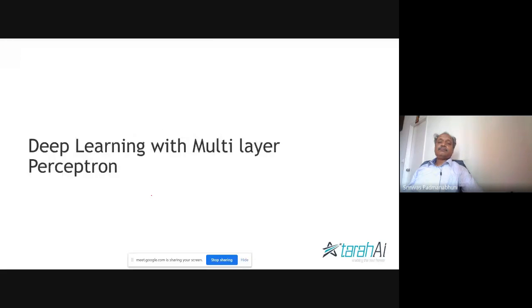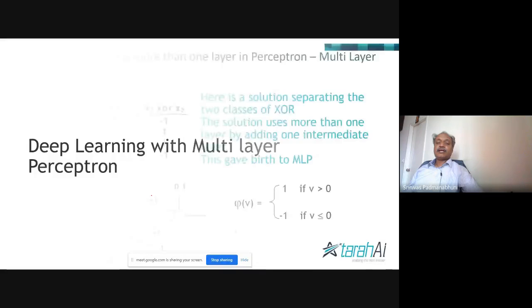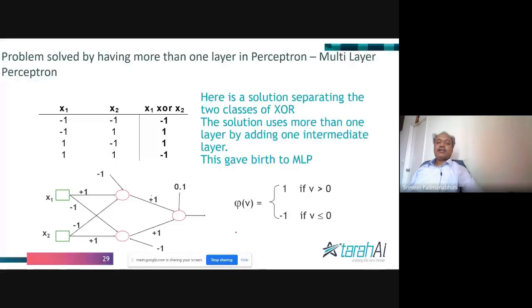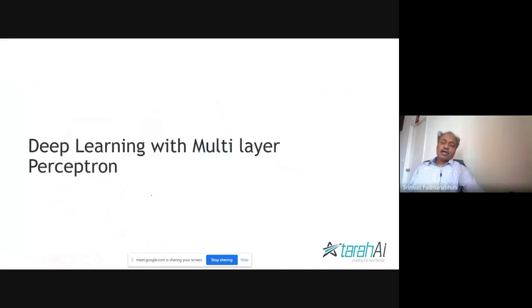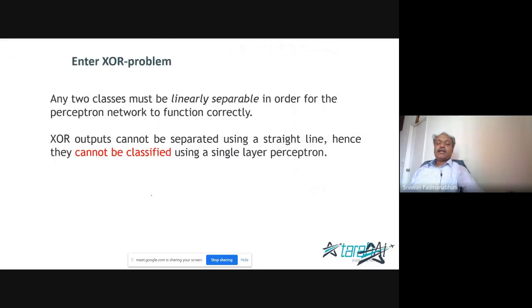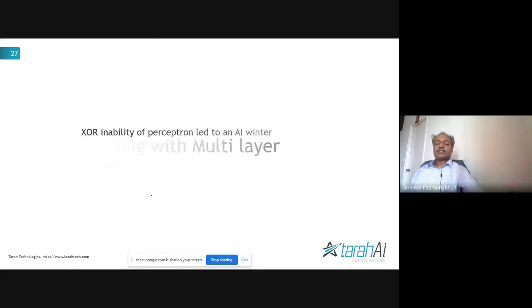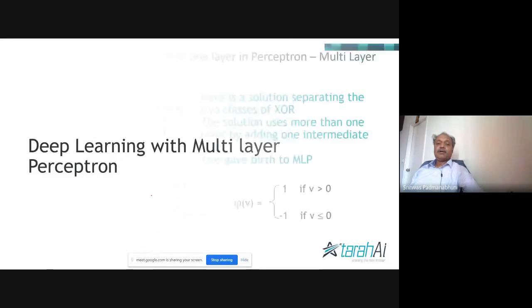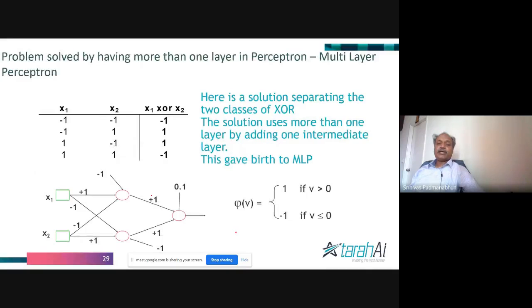But later, some researchers started looking at whether we can change the model. If you see the diagram, one line may not be able to separate, but if you draw 2 lines, after each one, you can separate ones and zeros, right? So what they said is, instead of a single layer perceptron, let's start with a multiple layer perceptron, where you start from input, take one layer of neurons, then again one more layer, and then go forward.